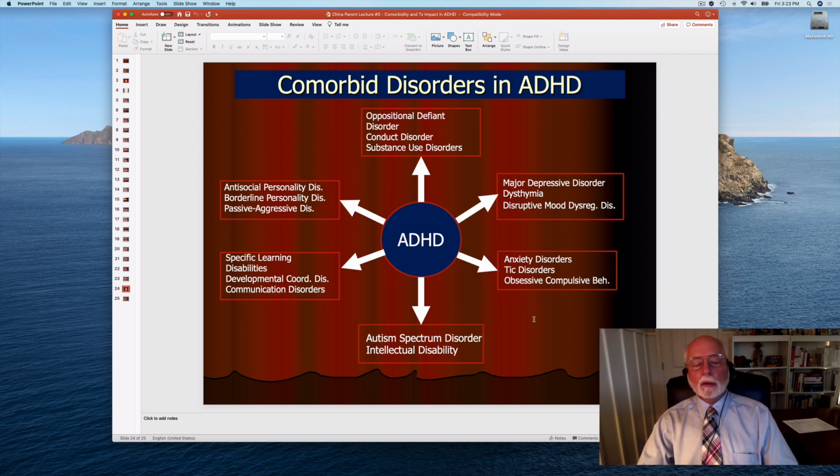So in conclusion, I'll go back to the diagram I showed earlier, and that is that ADHD has a high probability of being seen with these other disorders. As I've said, over 80% of ADHD children and teens have at least one or more of the disorders that you see on this screen.